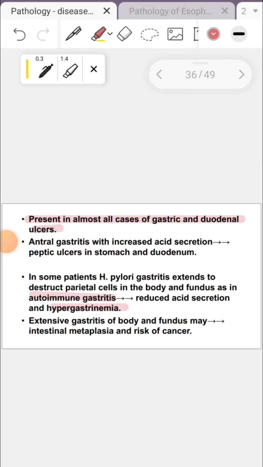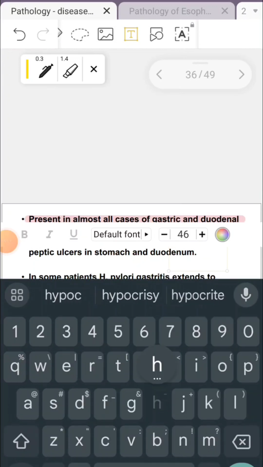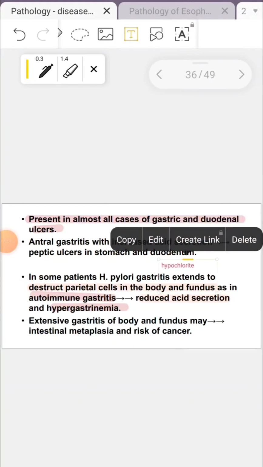So does the acid decrease or increase? Yes, it decreases: decreased acid secretion, hypochlorhydria. What does hypochlorhydria mean? A decrease in acidity in the gastric mucosal surroundings. Hypochlorhydria and hypergastrinemia. Why hypergastrinemia?